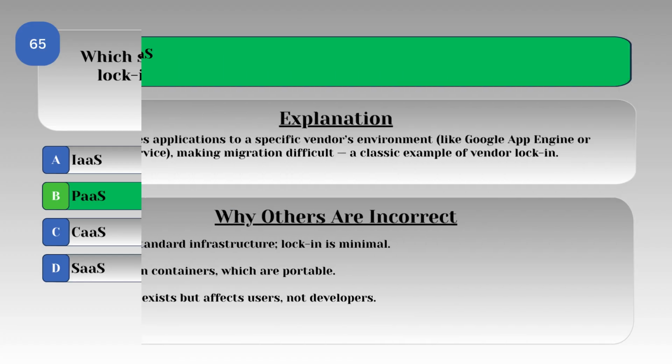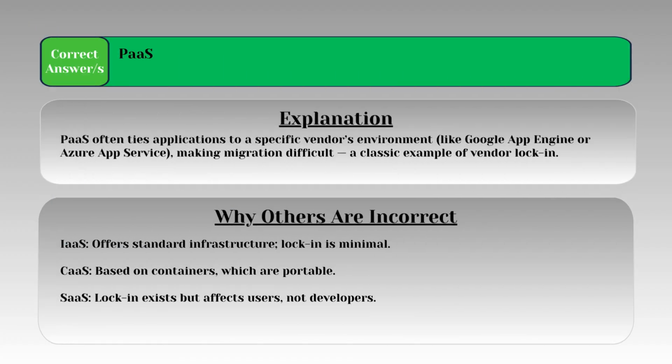Explanation: PaaS often ties applications to a specific vendor's environment like Google App Engine or Azure App Service, making migration difficult. A classic example of vendor lock-in. Why others are incorrect: IaaS offers standard infrastructure, lock-in is minimal. CaaS is based on containers, which are portable. SaaS lock-in exists but affects users, not developers.